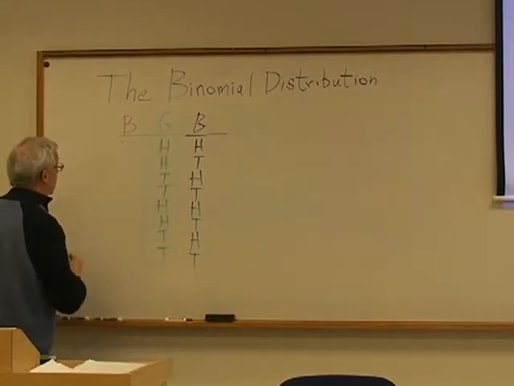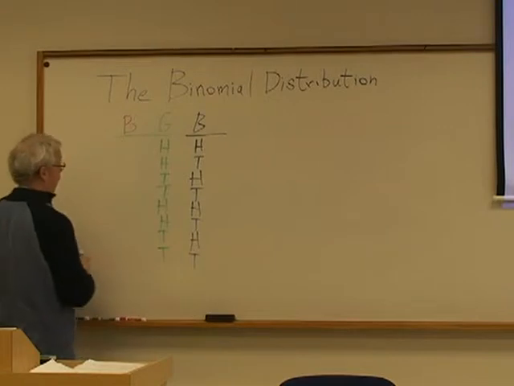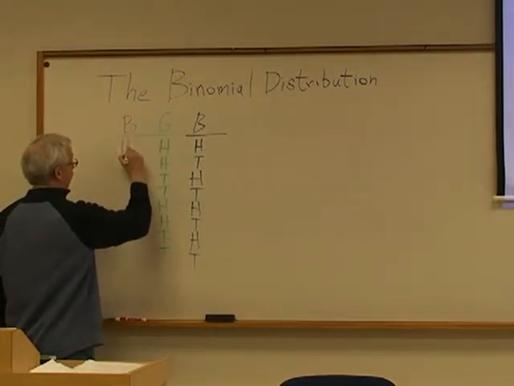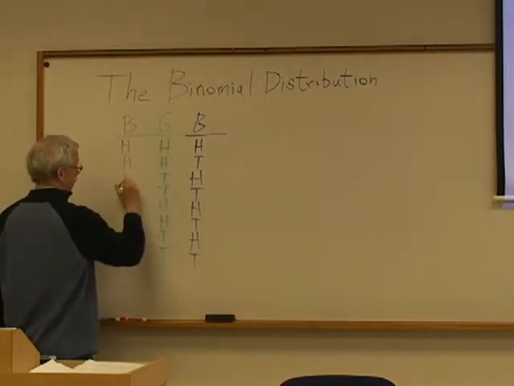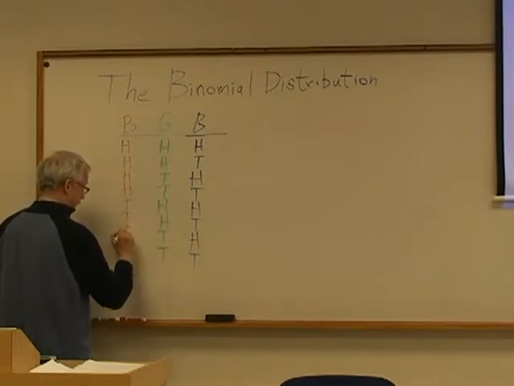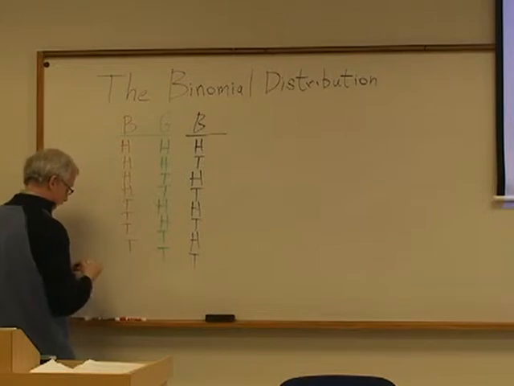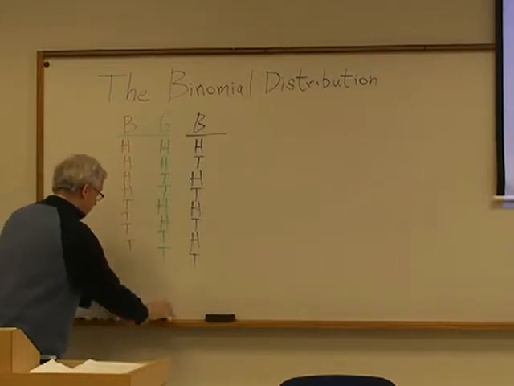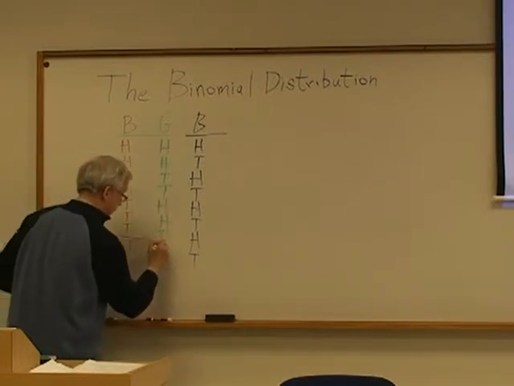And now on the red coin, the blue coin, excuse me, brown coin, we'll get it right. Heads, heads, heads, heads, tails, tails, tails, tails. Now you should convince yourself that we've got all the different possible outcomes here.